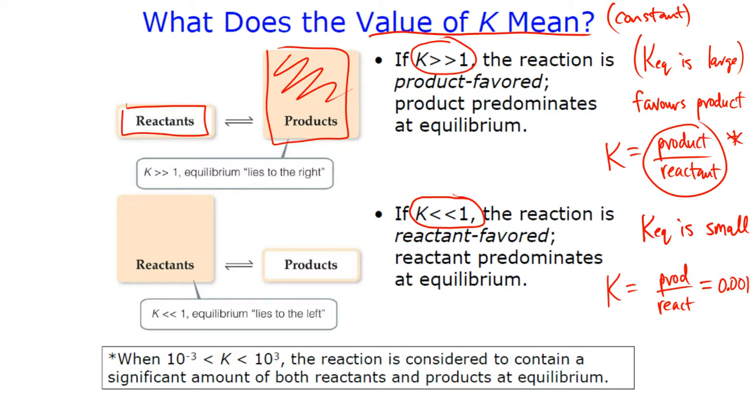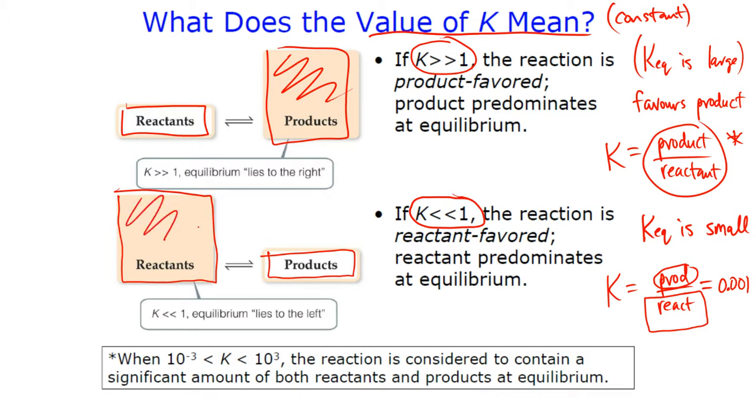We must have a very small amount of products compared to a very large amount of reactants to give a number less than 1 like that. So that favors the opposite side. We have a high reactant concentration compared to a relatively small product concentration. We say that this equilibrium lies very far to the reactant side. It favors the reactants, or it lies very far to the left.